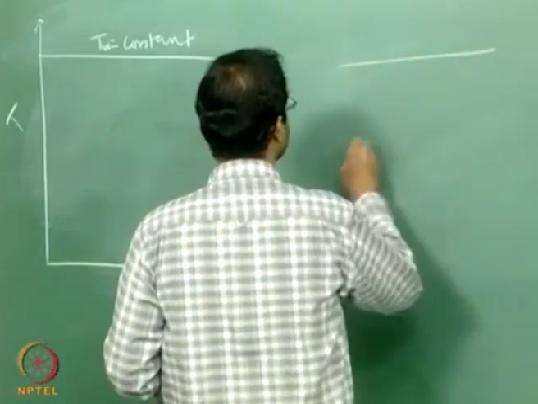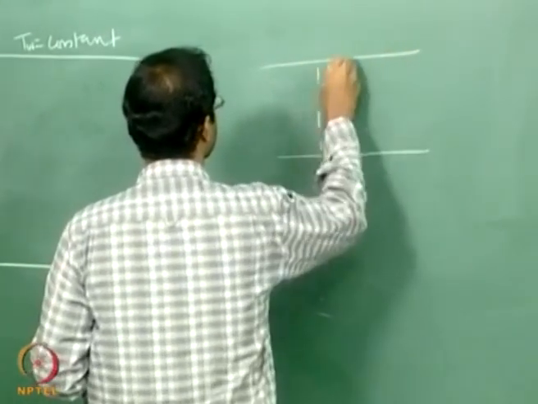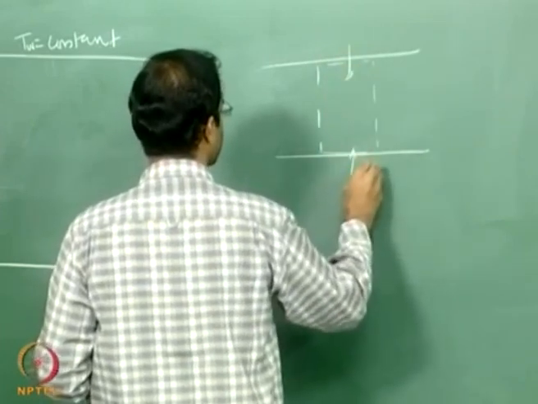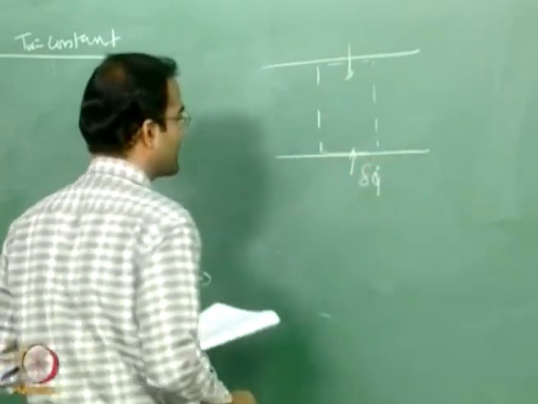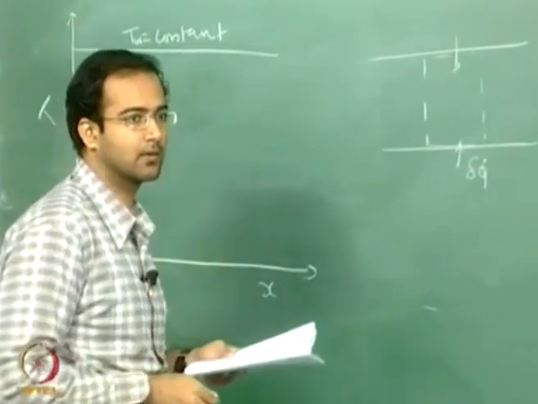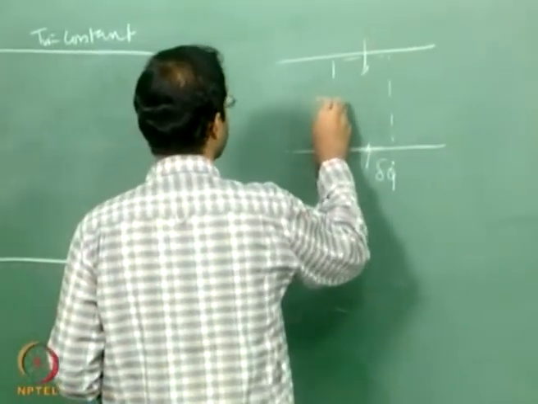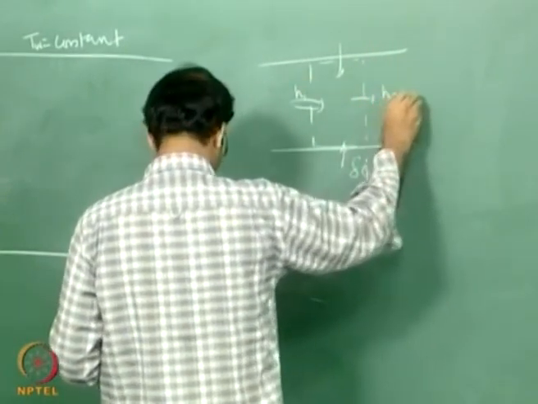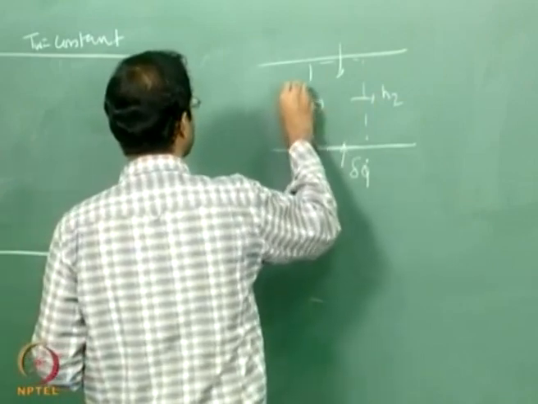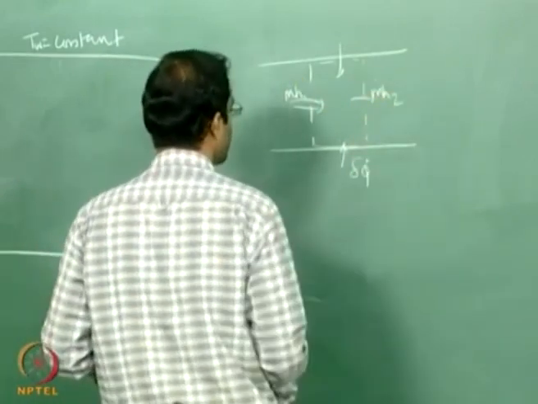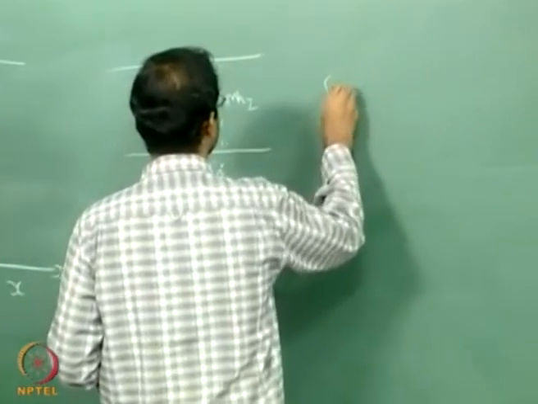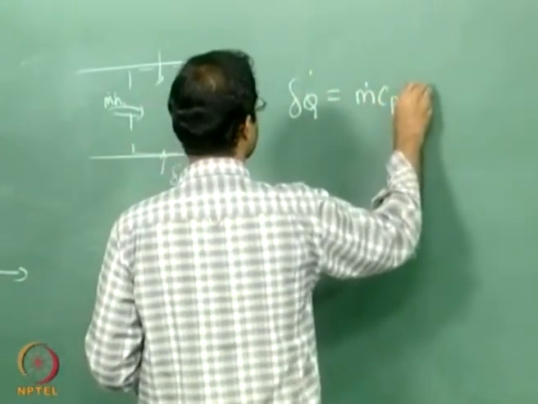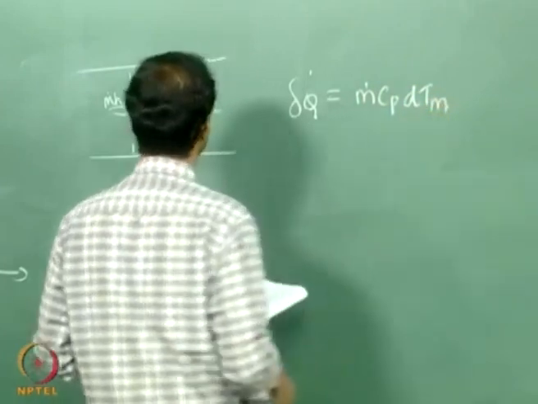So you take a duct, so you take a control volume, so this is your heat transfer delta Q, differential amount of heat transfer for this differential control volume, and you have some enthalpy coming in and enthalpy which is leaving. Of course there is a mass flow associated with this enthalpy, so therefore you can apply energy balance and say my del Q dot is equal to m dot Cp into dTm, okay.